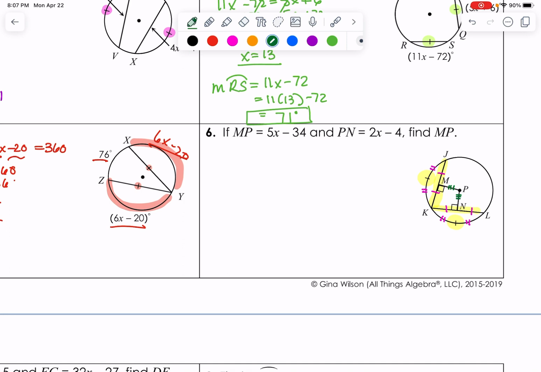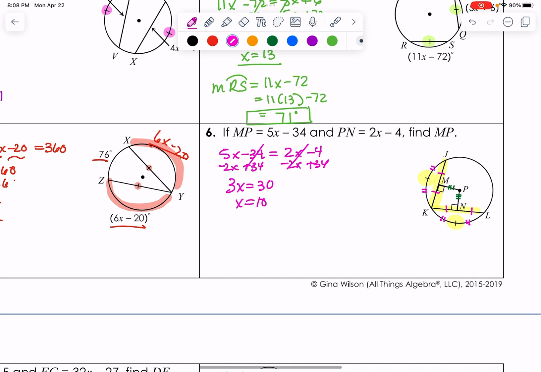So now let's look at what we've got. Because I knew that these were congruent, these have to be equal distance, and equal means that they are the same. So here's MP and here's PN. Those two things have to be the same. So I'm going to say that 5x minus 34 equals 2x minus 4. Subtract 2x from both sides, add 34 to both sides. I get 3x equals 30, and x is 10.